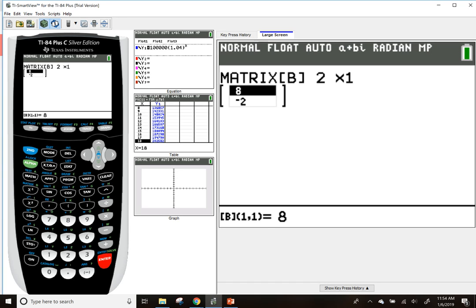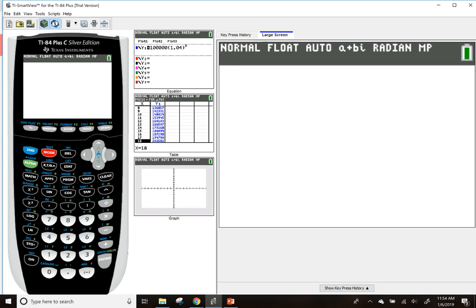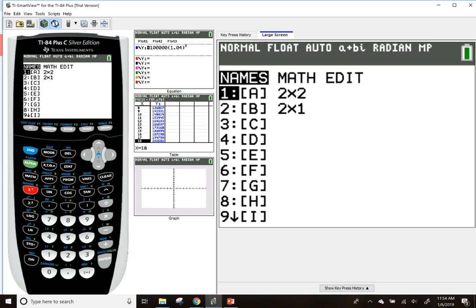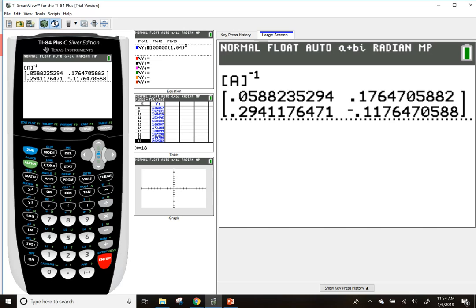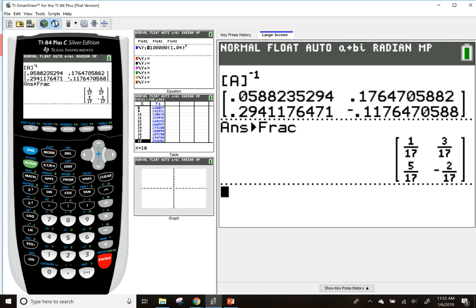So all I need to know is what the inverse of matrix A is. So let's get out of this. I'm going to select matrix A and find its inverse. Okay. Fancy. Great stuff. I can probably convert it into fractions. I don't think I need to, but I'm going to just see what it looks like as a fraction. So that's fine. And now I need to multiply that matrix.